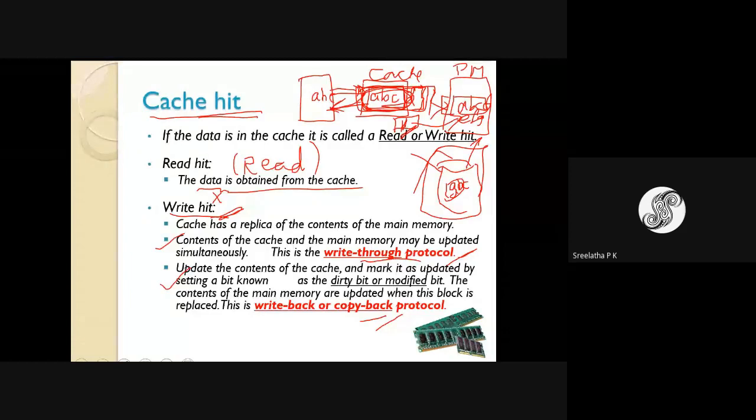Can you tell me what is cache hit? Suman? Can you tell me what is cache hit? What is cache hit? Suman is available?